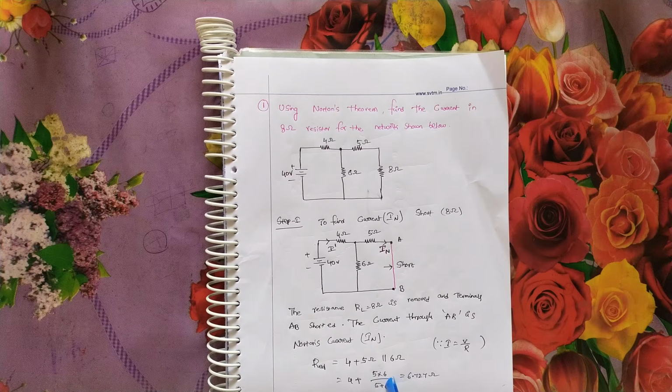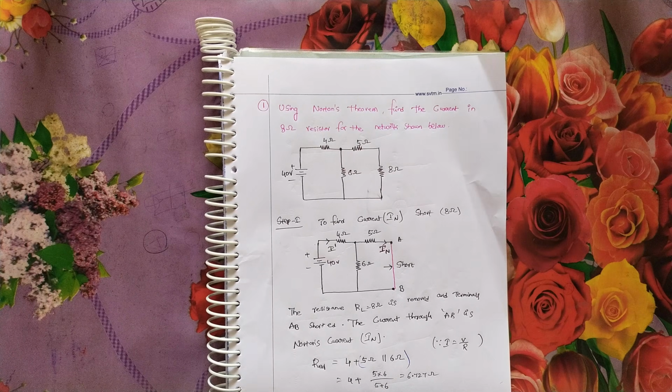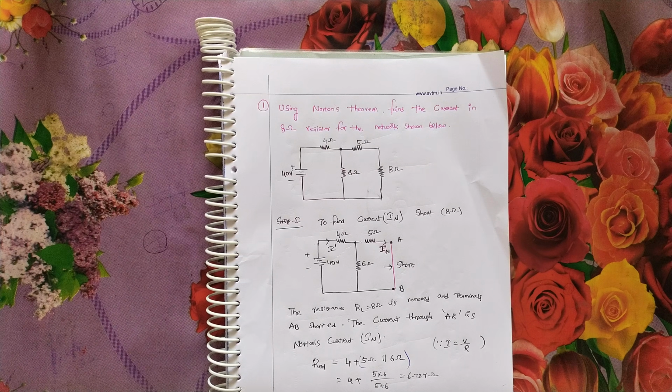That is 4 plus 5 into 6 by 5 plus 6, the parallel combination of resistances. 4 plus this one gives 6.27 ohm. This is the total resistance on the source.